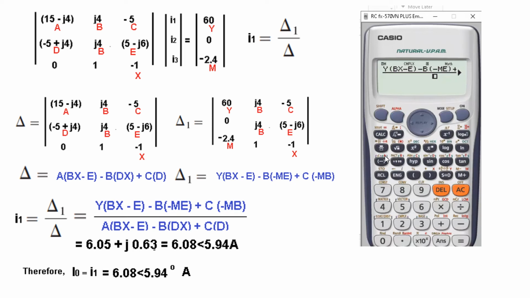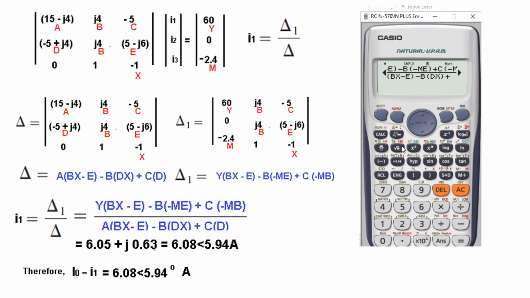So a, bracket, b x minus alpha e, bracket closed, minus b dx, bracket close, plus cd.